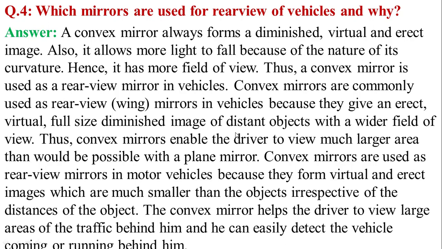Convex mirrors are used as rear-view mirrors in a motorbike, and they form a virtual and erect image which is much smaller than the object, irrespective of the distance of the object. So a convex mirror helps the driver to view a large area of traffic behind him and easily detect a vehicle coming or running behind.